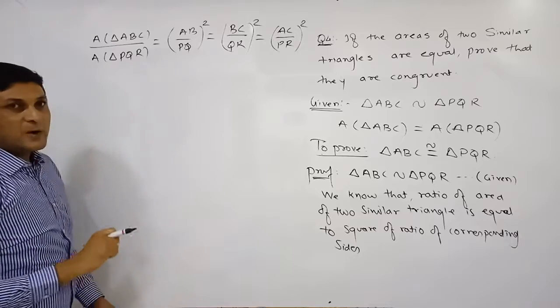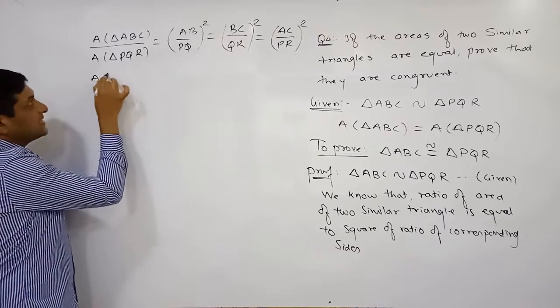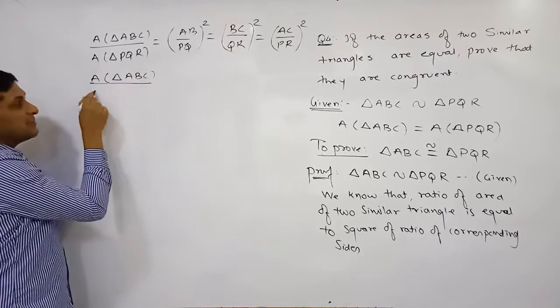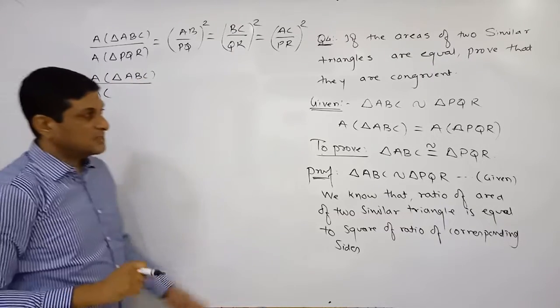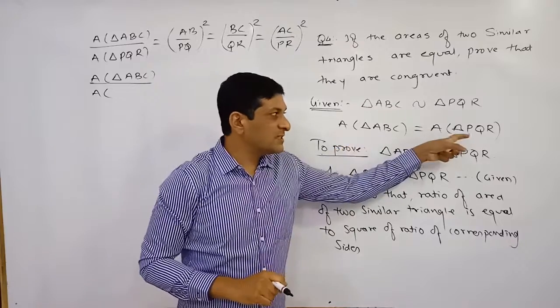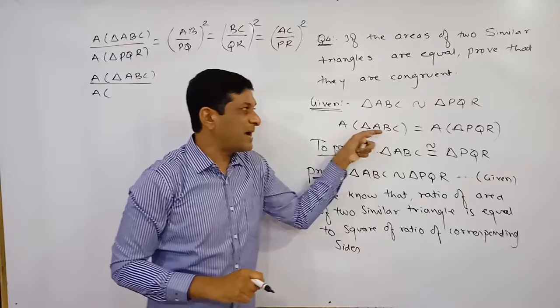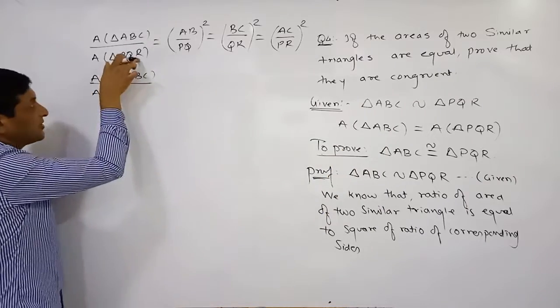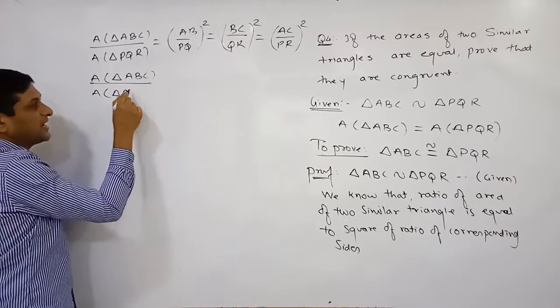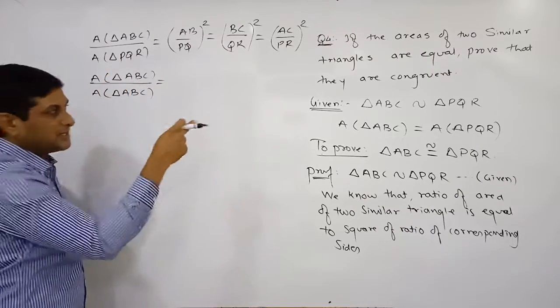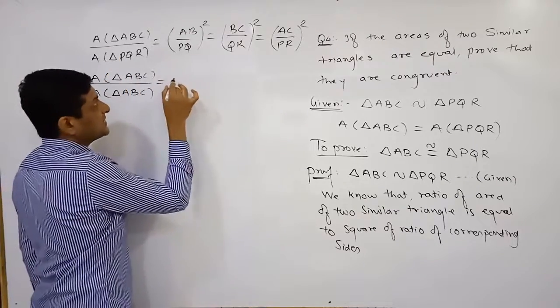Now, according to the given condition, the area of triangle ABC and the area of triangle PQR are equal, so we are replacing the area of triangle PQR by the area of triangle ABC. Keep this side as it is.